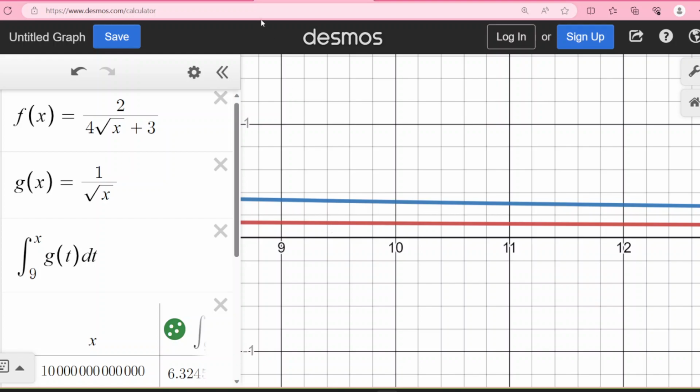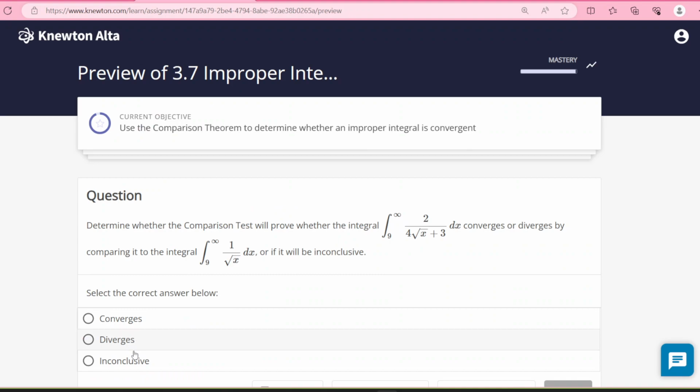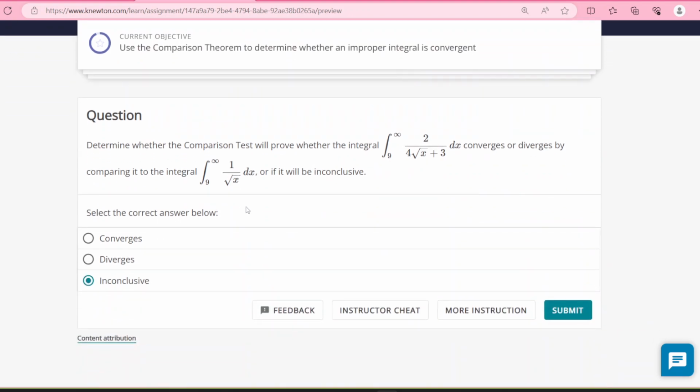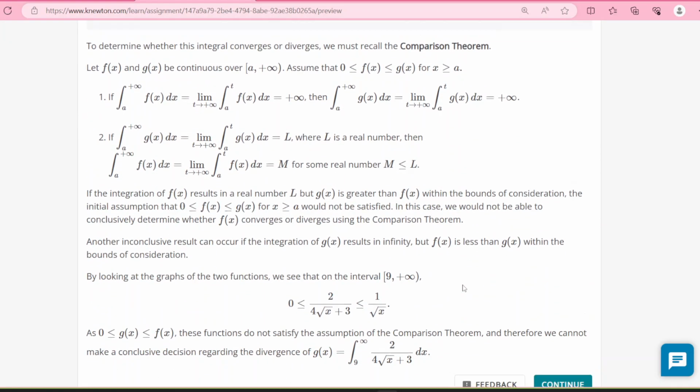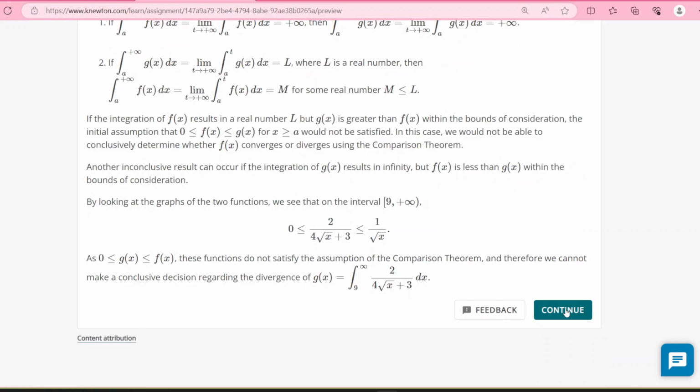I don't know. So in this case, we have an inconclusive comparison. Just because I know the area under the larger curve is infinite, divergent, doesn't tell me anything about the smaller function. Okay, inconclusive. All right, and so that should be the final one, I'm hoping.